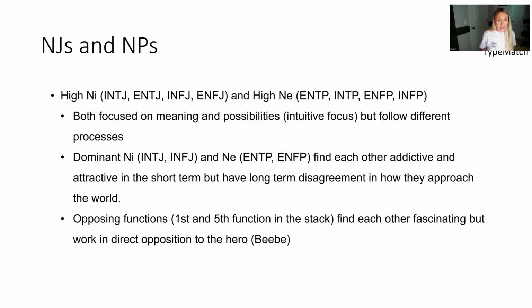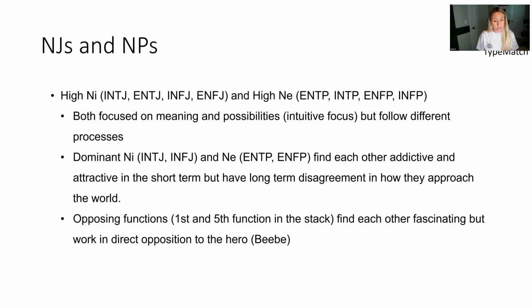For NJs and NPs, that's our INTJ, ENTJ, INFJ, ENFJ, and the high NE types, ENTP, INTP, ENFP, and INFP, it's a similar process to what we just saw with the SI and SP types. So yes, both are focused on meaning and possibilities because they are intuitives, but they follow completely opposite processes, like I just said in the previous slide.